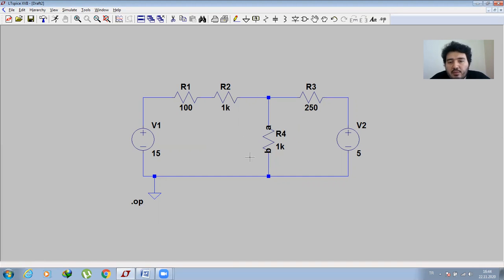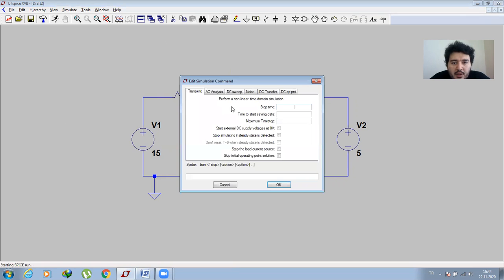I will measure the voltage and current flowing through the R4 resistance. So I am deleting my DC analysis, and I'm selecting transient. Stop time maybe 1 second, start 0, and I want to simulate with 0.001 step.